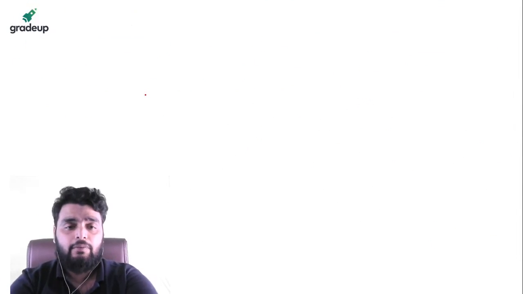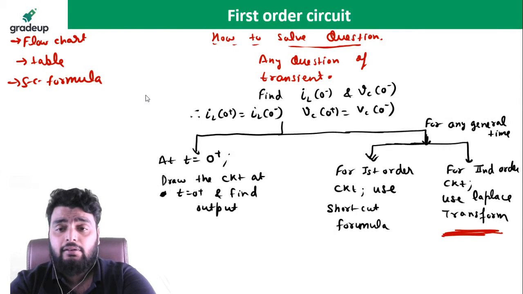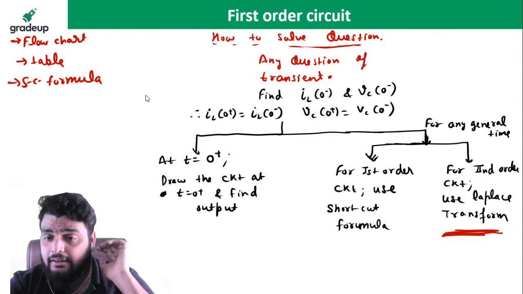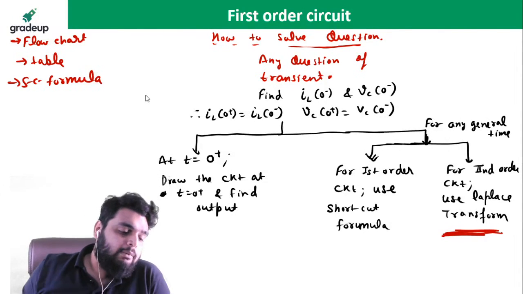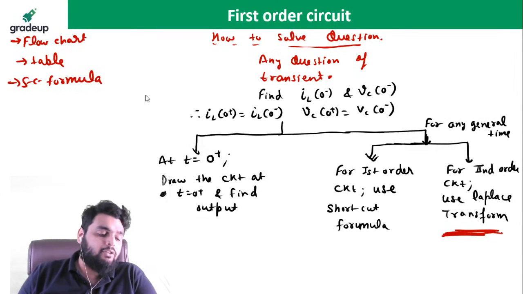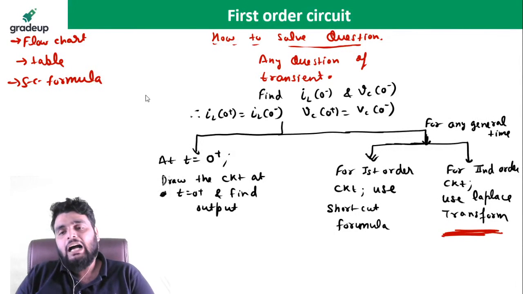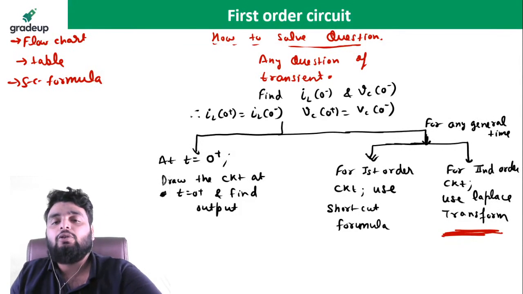Okay, now anyone else? So Aditi is asking, sir, how do we know that a circuit belongs to a first or a second order? Aditi, beta, I just explained this concept half an hour ago. How will you get to know that a circuit is first order or second order?